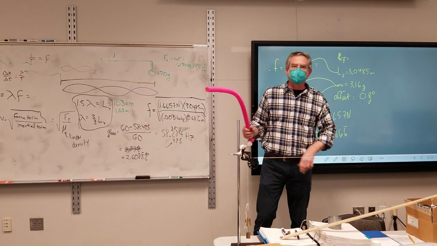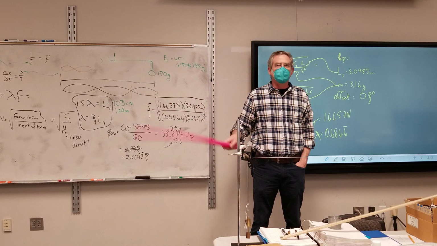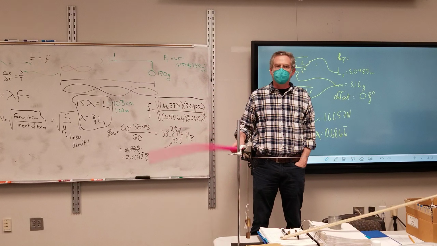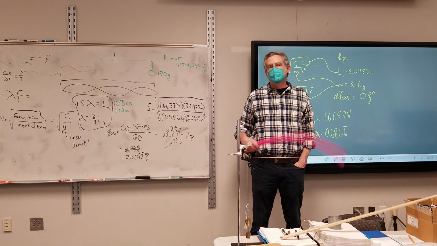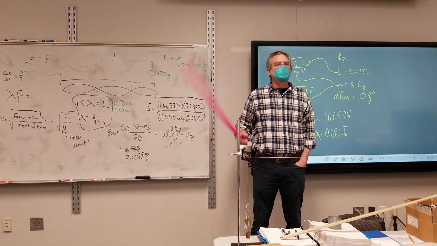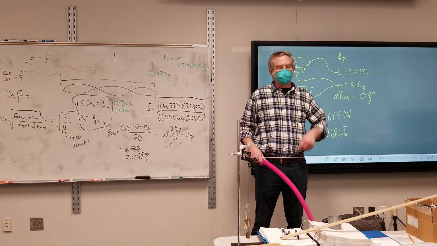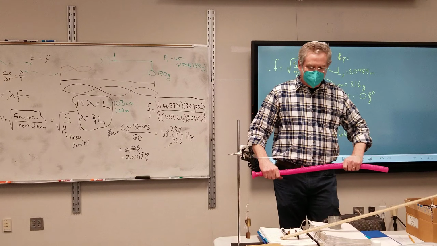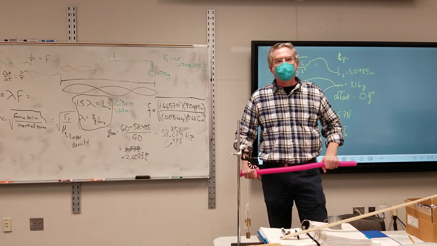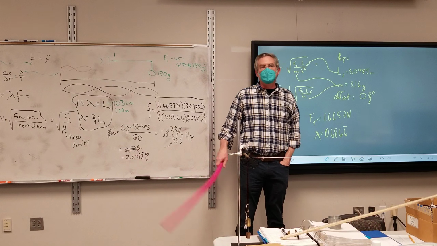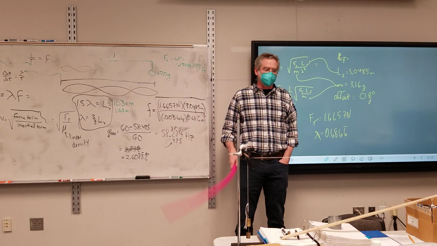An ordinary plastic tube with ridges. That's the second harmonic. Third, fourth, fifth. There's a sixth in there. So what we're gonna do is make a prediction of what those frequencies are that you just heard, and then we will actually compare it.